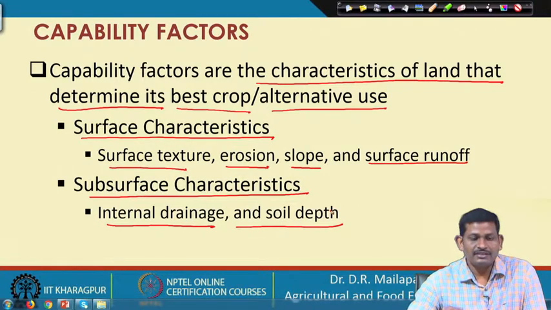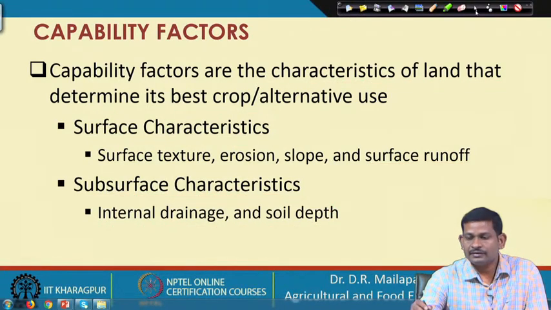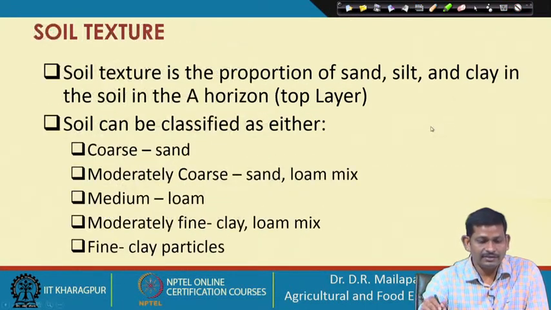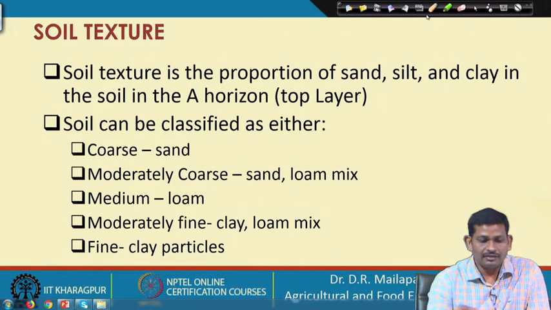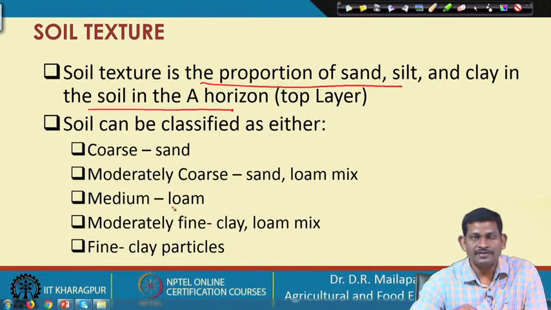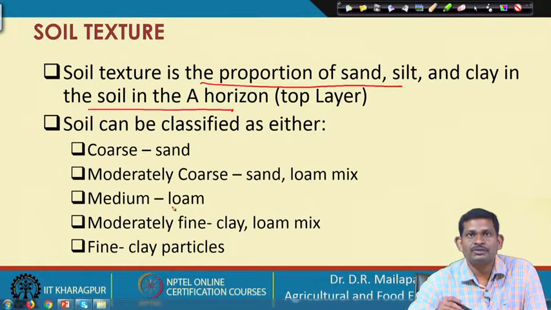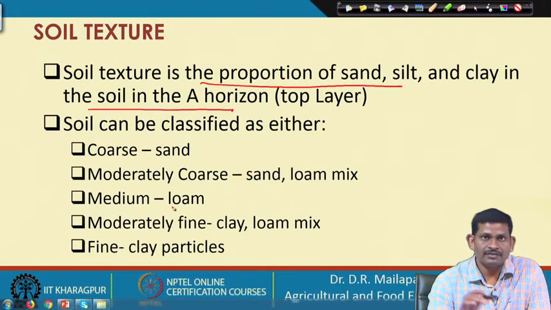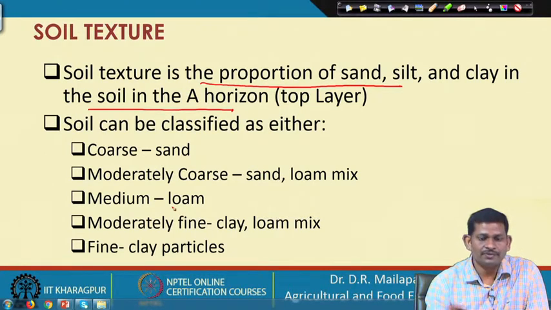We are going to see these capability factors. First, soil texture is the proportion of sand, silt, and clay in the soil in a horizon. Since we are talking about crop production, we will mostly concentrate on the A horizon, because that is fertile land used for crop production.